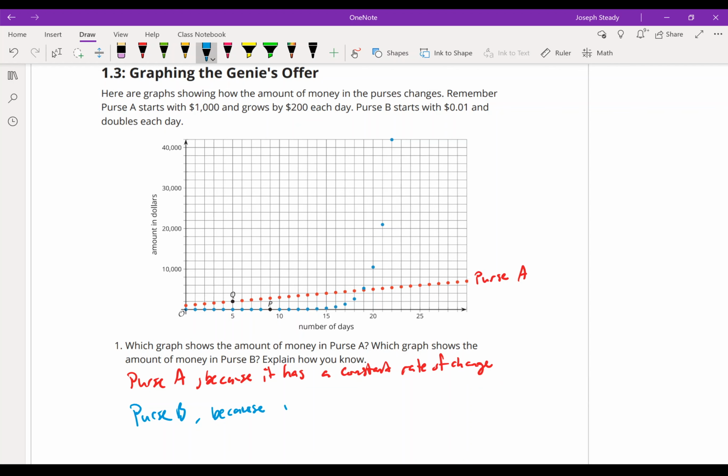So because it grows slowly at first, then really fast, and that's what we saw when we made the table of values as well, this must be purse B.